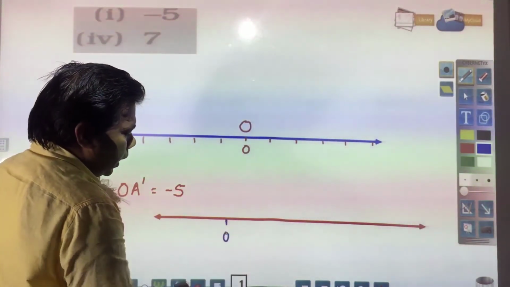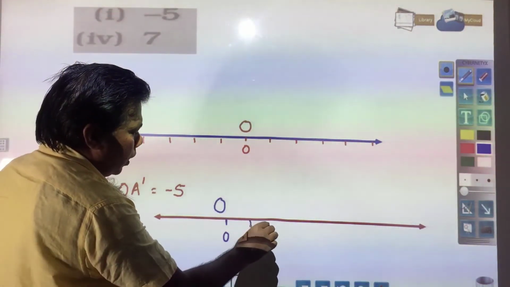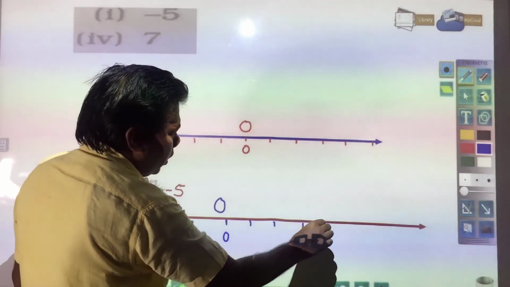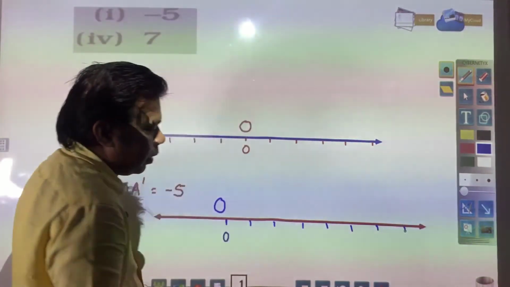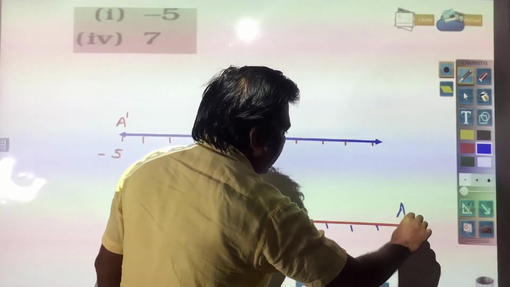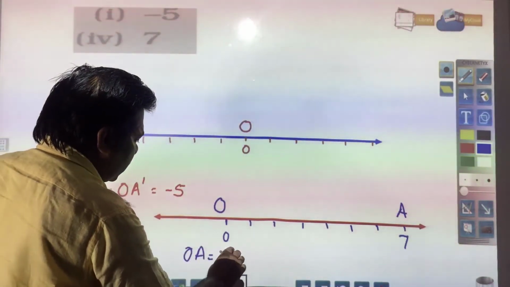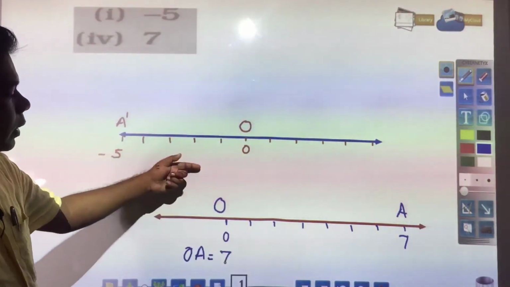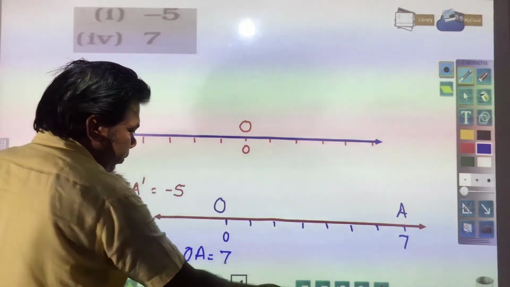Here it starts with 0, any name you give, O, and then 1, 2, 3, 4, 5, 6 and 7. So, your 7 will be over here. Suppose this is A. So, your OA will be 7. In this way this is required to be drawn and shown.